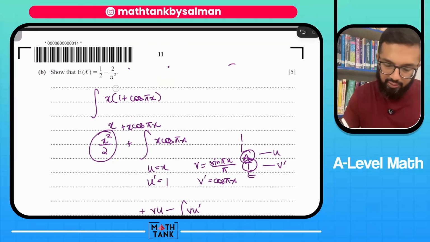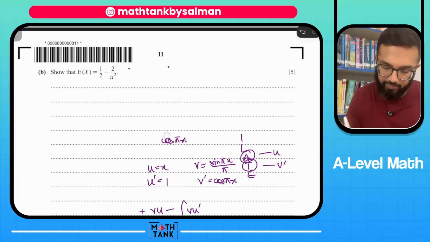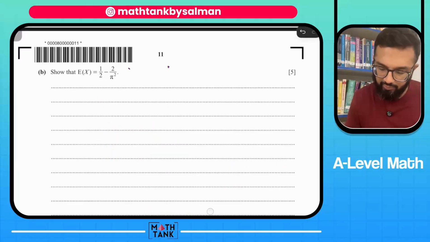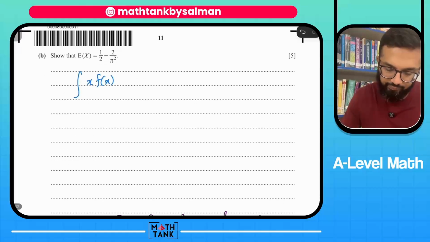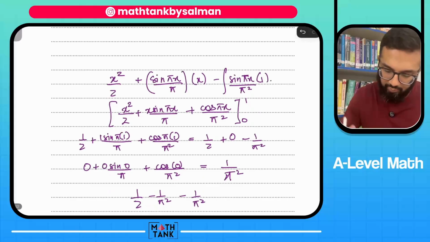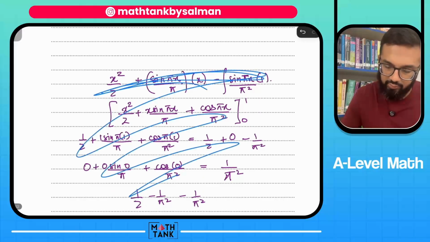Then it's part B, that's tough. It says expectation. Let's calculate the expectation. I want to show you the expectation. So x times f of x is this entire thing.